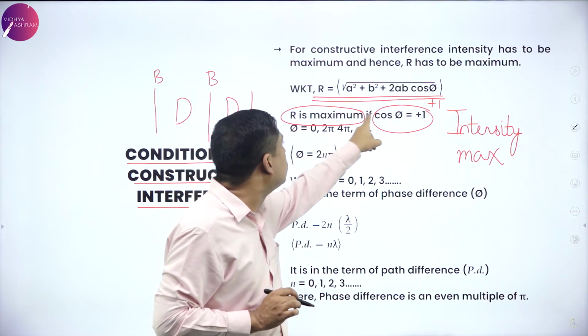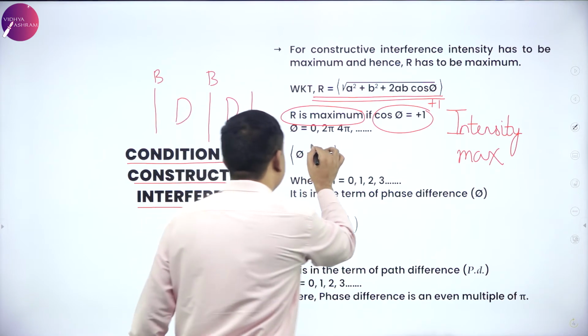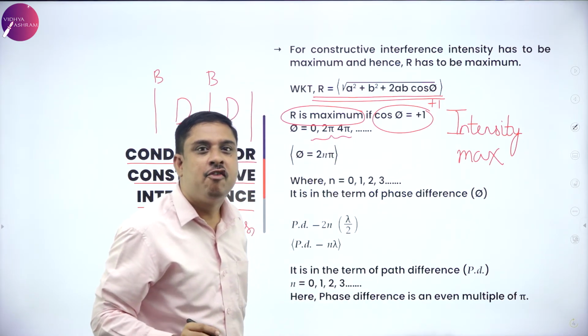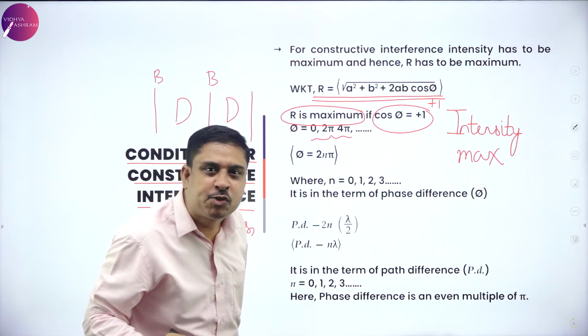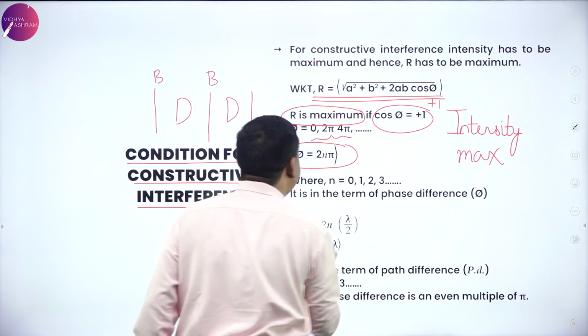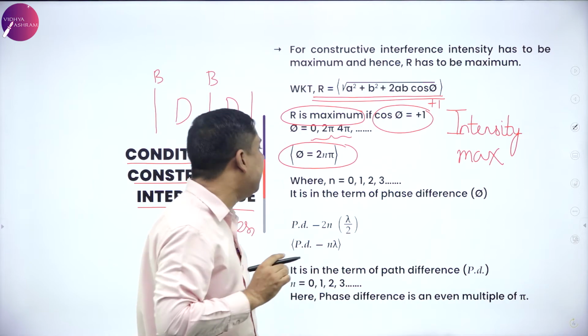For what values of phi does cos phi become plus 1? 0, 2 pi, 4 pi, 6 pi, etc. Which means phi equals 2n pi.